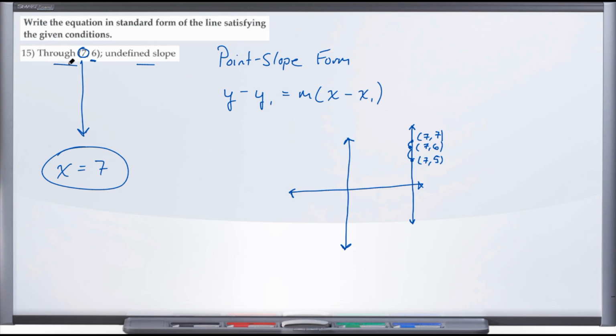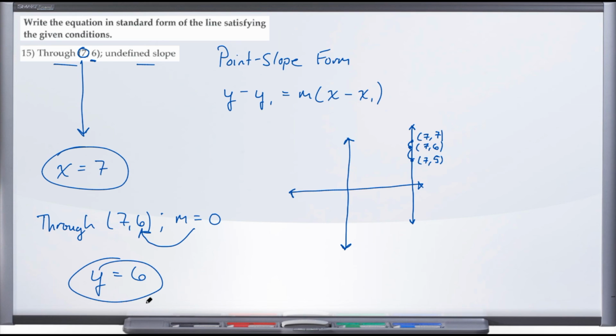Similarly, if they said that they want us to write the equation in standard form of a line satisfying the given conditions through 7, 6 with a slope of 0, well, right away we know that all lines that have a 0 slope are horizontal, and so we would go right away, look to see what the y value of this point is, and that would become our equation.